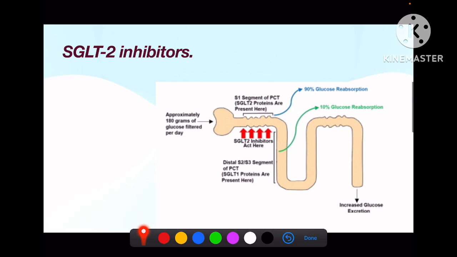As a result, it can't absorb the glucose from the fluid which is passing through that proximal convoluted tubule. Due to that, the 90% of glucose reabsorption will be cut off. That's why you can get good glycemic control for that particular patient by giving the SGLT2 inhibitors, right?